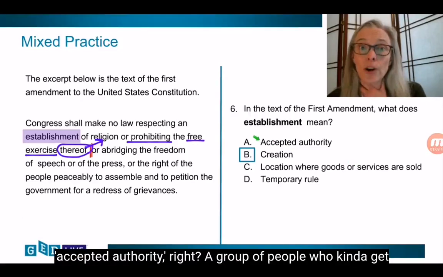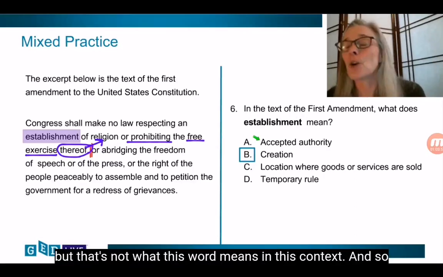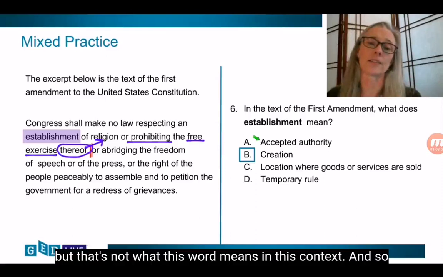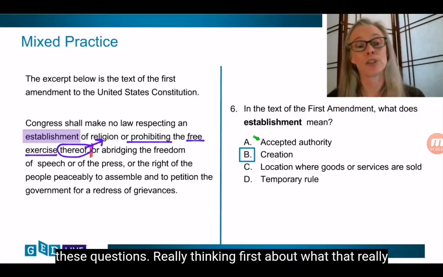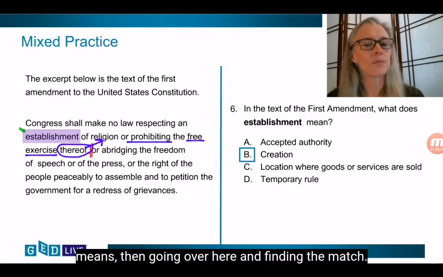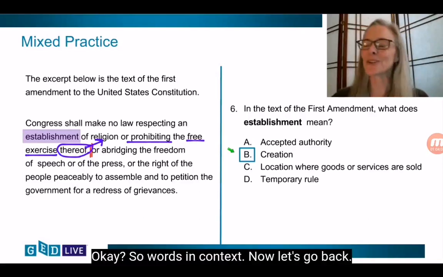An accepted authority, right? A group of people who kind of get to have the final say on something, that's the establishment. But that's not what this word means in this context. And so that's what you care about here, and that's how you have to approach these questions. Really thinking first about what that really means, then going over here and finding that match. Okay, so words in context.